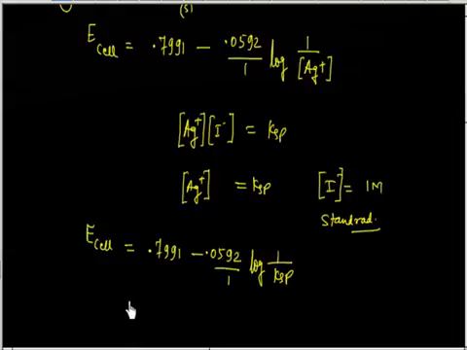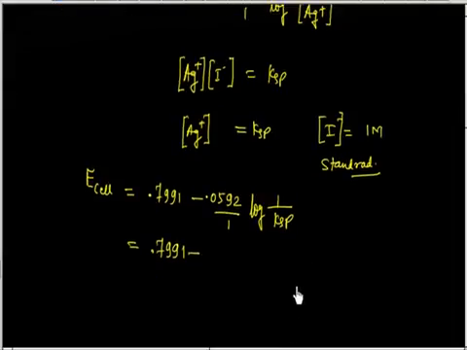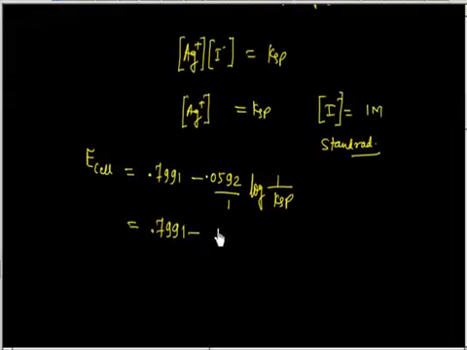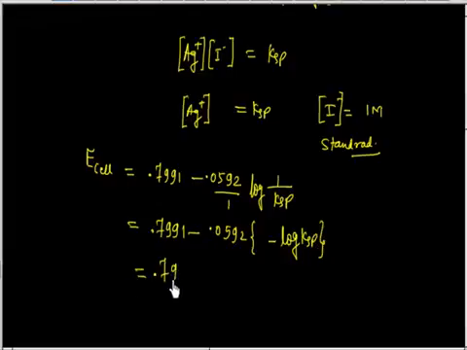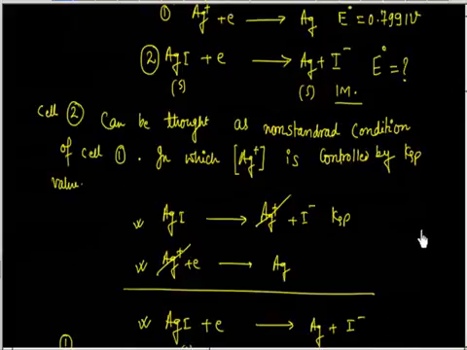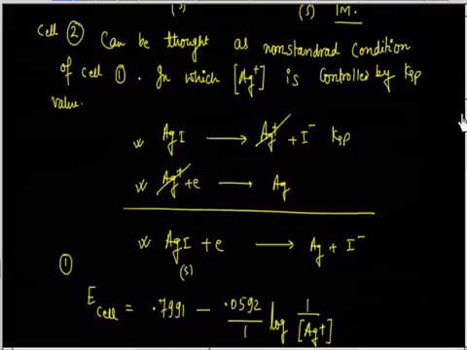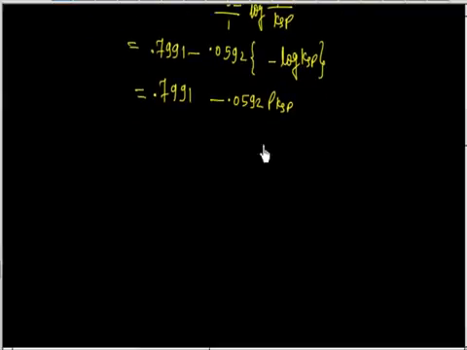Now I can write 0.7991 plus 0.0592 times log Ksp, which is minus 0.0592 times pKsp. So this is 0.7991 minus 0.0592 times pKsp. Now pKsp is given to you. This value is basically 16.07.